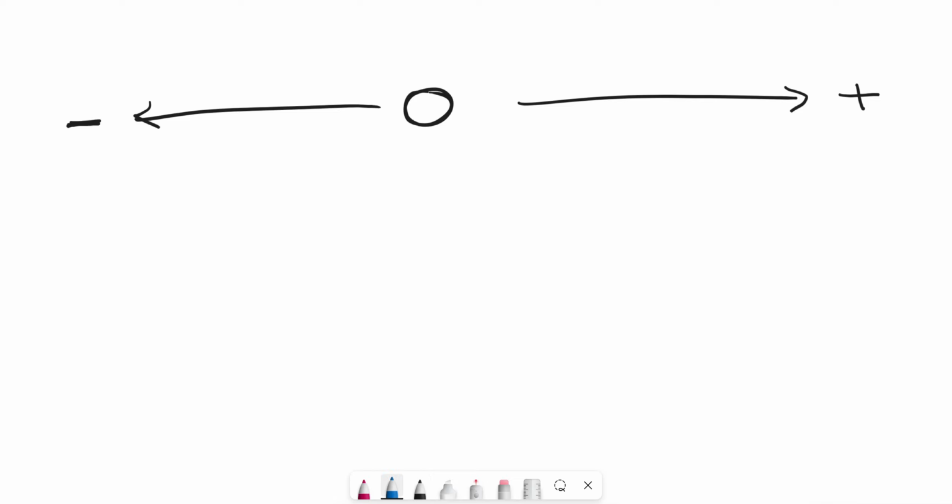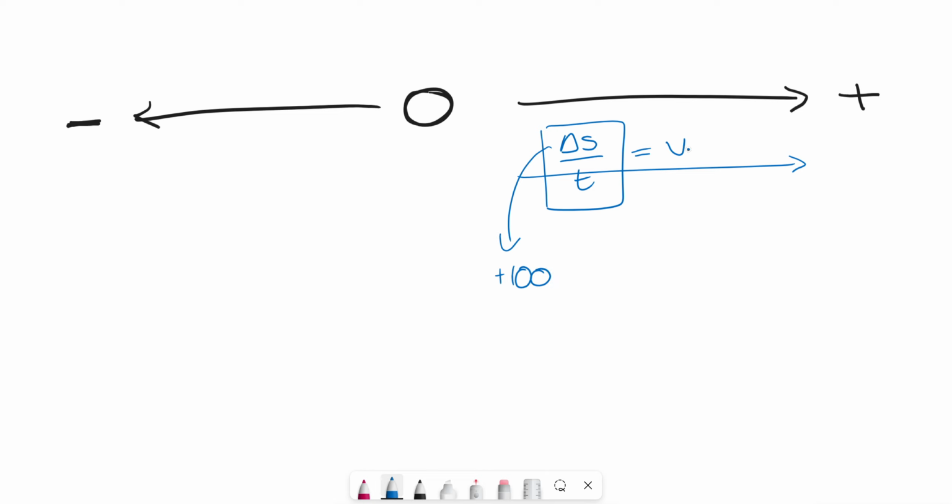Now, the ball's velocity in this direction is delta s over t. But this delta s, if you remember the diagram before, was plus 100. The overall velocity, which is represented by symbol v, is also going to be positive. So our velocity will be, and we're supposing time is 1 by the way, also 100 meters per second. Positive.